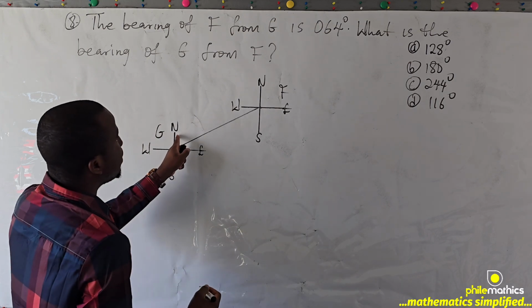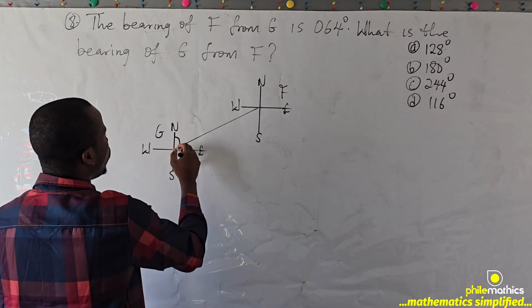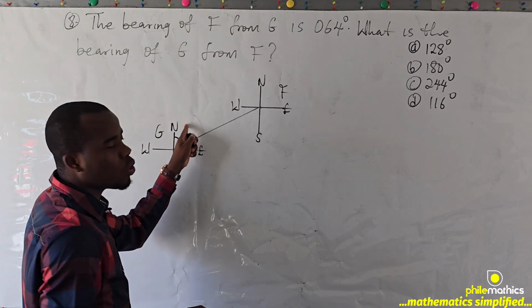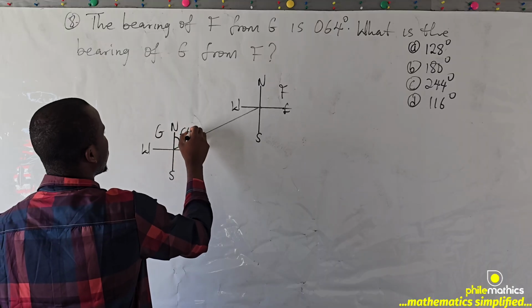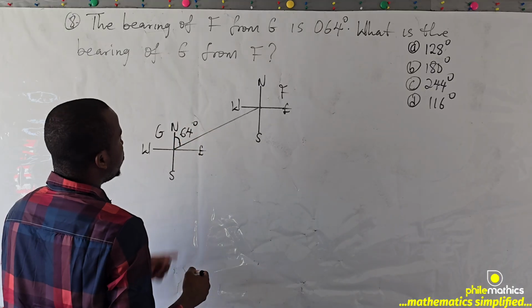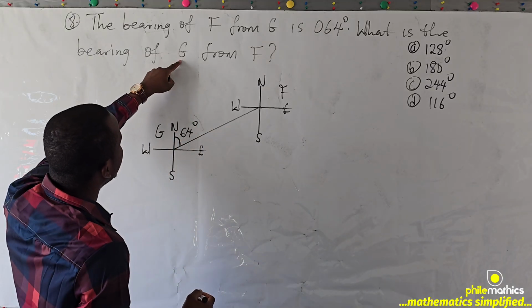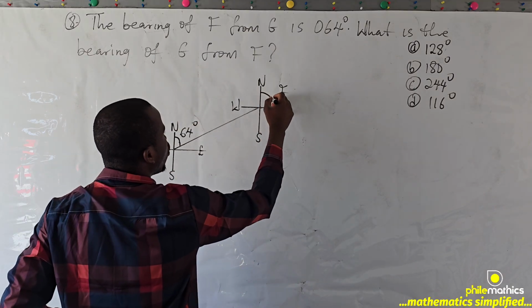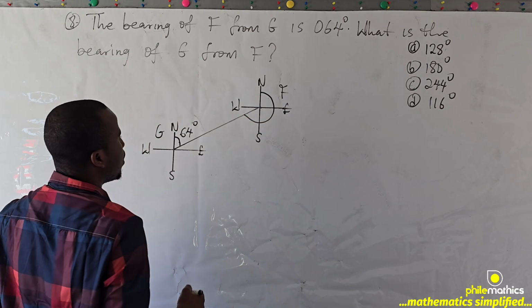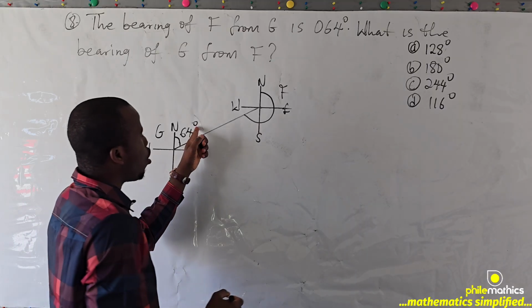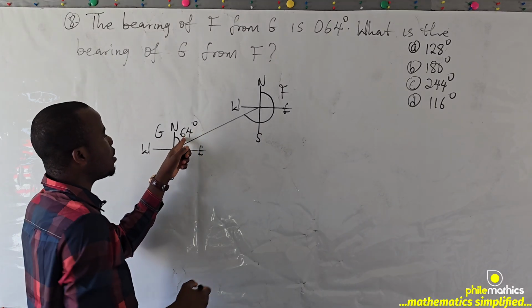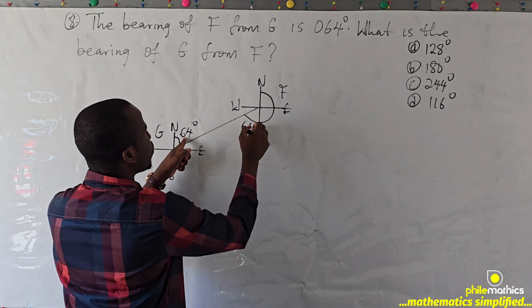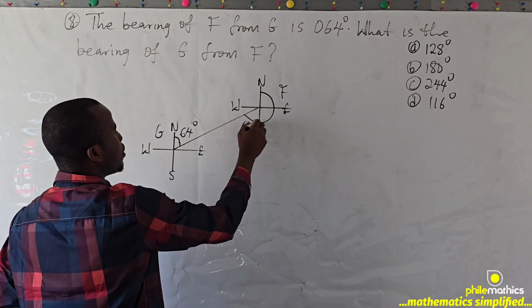Since we are given that this is 64 degrees, because we measure bearing from the true north, the bearing of G from F will be from this true north to this line. From alternate angles, if this is 64, this is also 64 degrees.